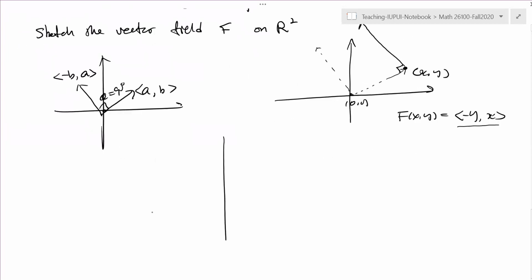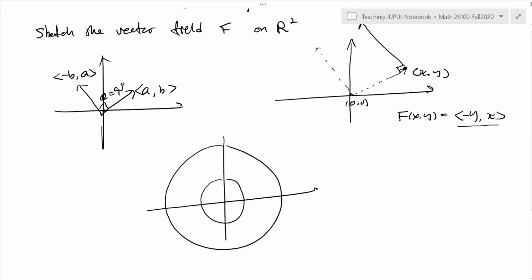You can draw the circle here, and those are the vectors, and here you get the vectors getting longer because, for the same distance from here to here, there should be the same distance.